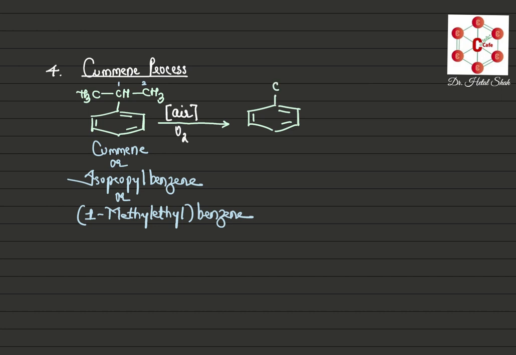You will have CH3 remaining as it is, but between C and H you will have oxygen inserted. This is called cumin hydroperoxide.